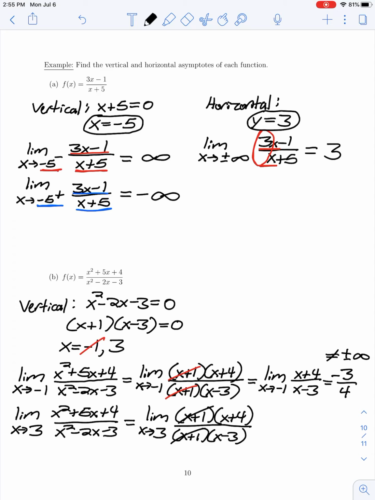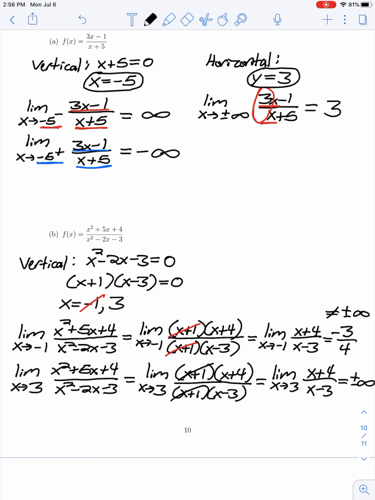So here, depending on what side of 3 we're approaching from, we will have a positive or negative infinite limit. If we approach 3 from the left, we have a negative infinite limit. If we approach 3 from the right, we have a positive infinite limit. Since we have infinite limits at x equals 3, that means that x equals 3 is our only vertical asymptote.